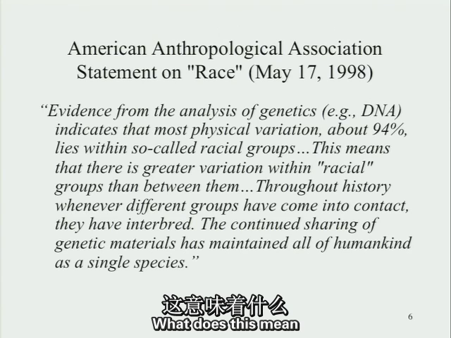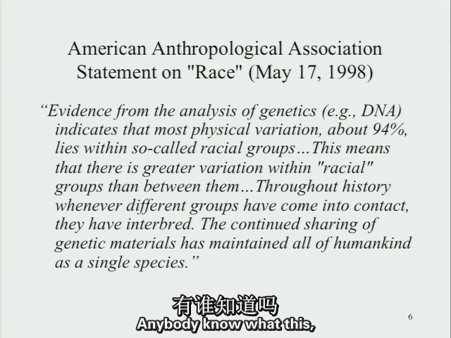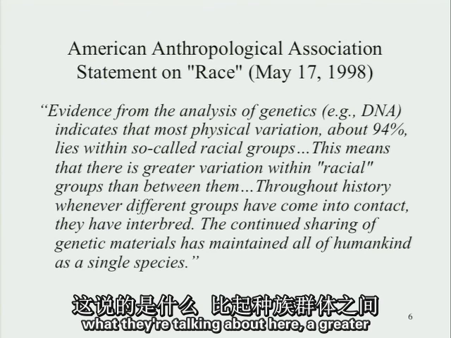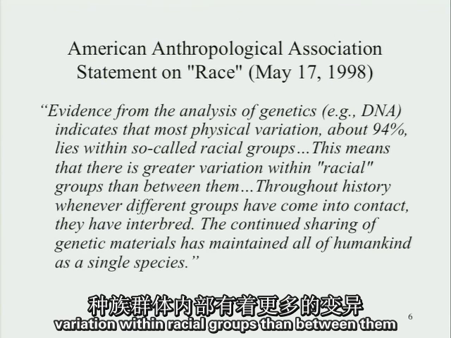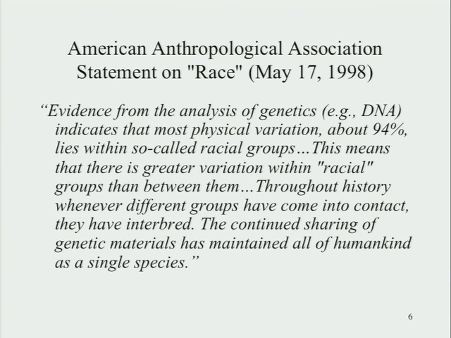What does this mean? Anybody know what they're talking about here? Greater variation within racial groups than between them? Anybody? Oh, this. Yeah. It means that if you were to take, say, two white people, the genetic differences between them would be, oh man, it's actually hard to say.